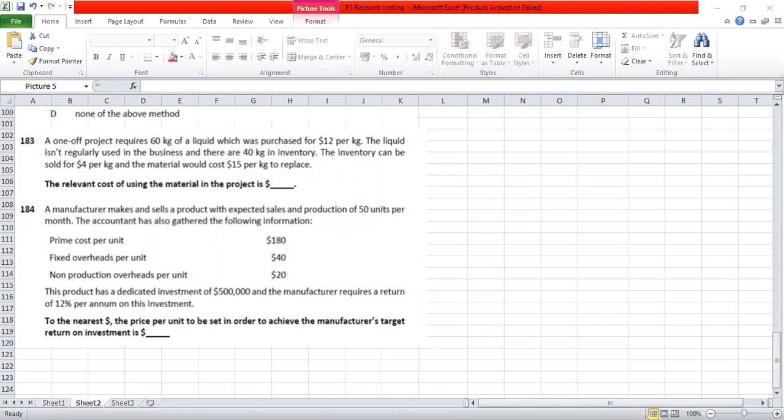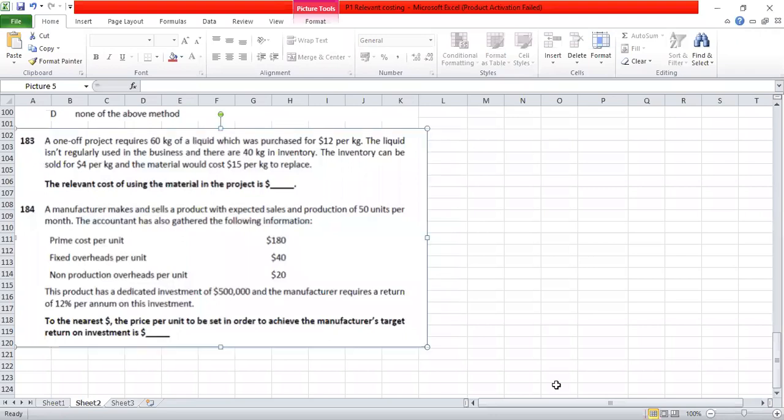But then what is relevant for decision making? It says the liquid isn't regularly used in the business and there are 40 kgs of material.